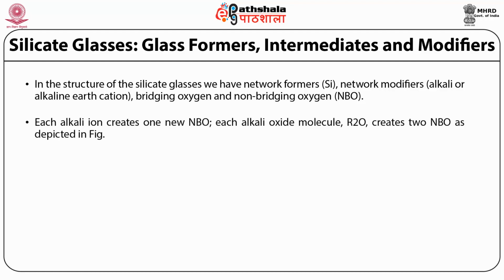Each alkali ion creates one new NBO, that is non-bridging oxygen, and each alkali oxide molecule R2O creates two NBO, as depicted in this figure. Adding alkalis increases the density of the glass because it fills the holes in the network, which can be seen in this figure shown below.